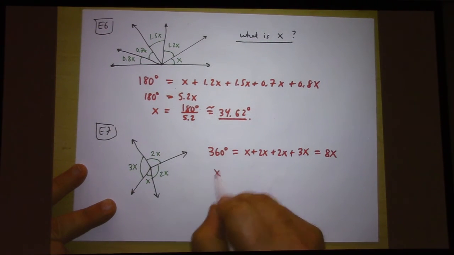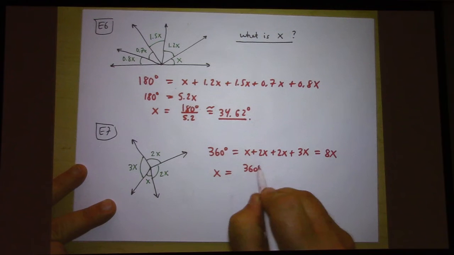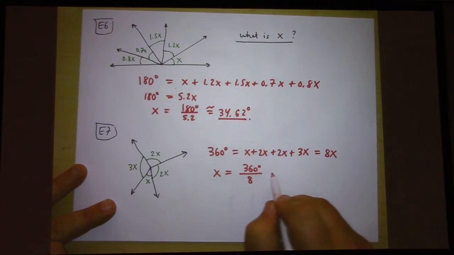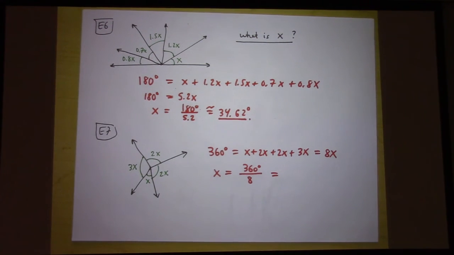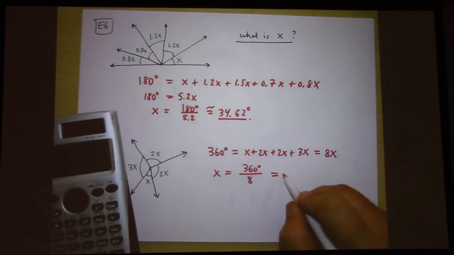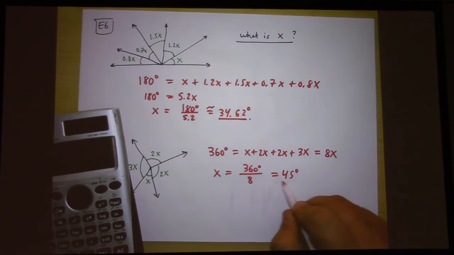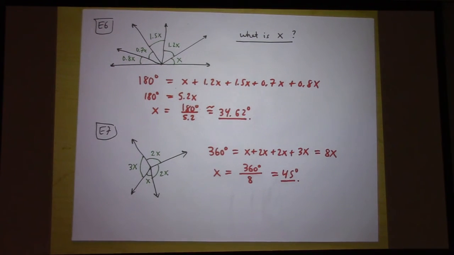So x would be equal to 360 degrees divided by 8. Whatever that is for this problem. 45. So 45 degrees would be the answer there. So that is essentially how to do problem number 5 in your homework, okay? And actually, example 6 is relevant to number 4 in the homework.